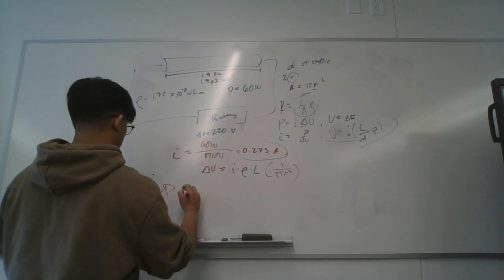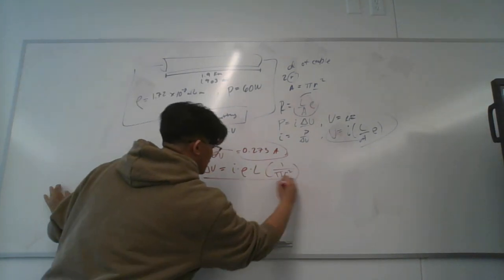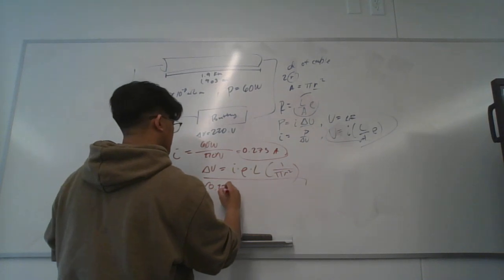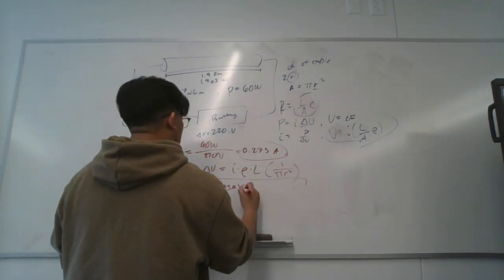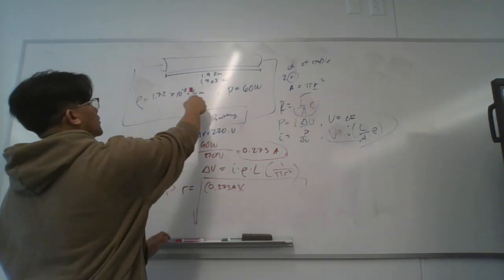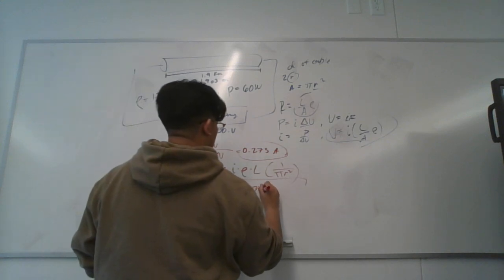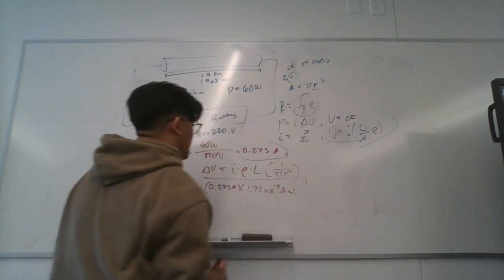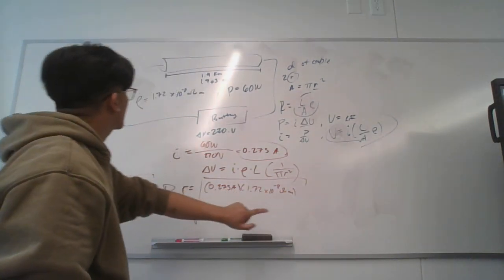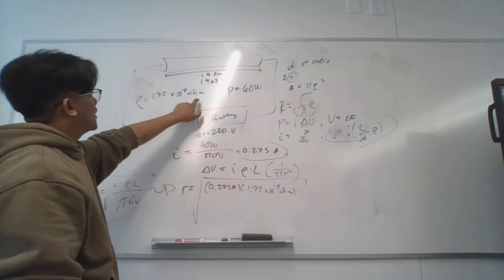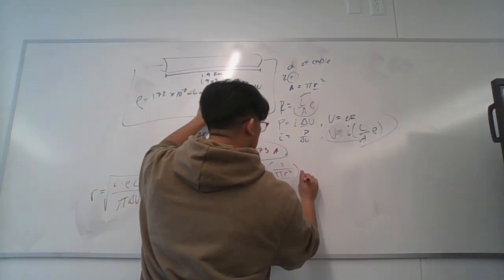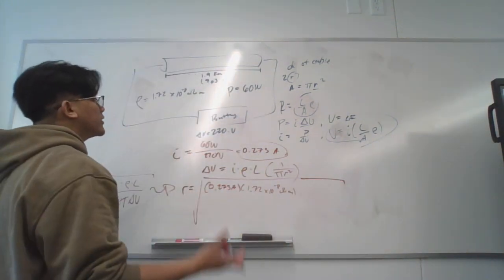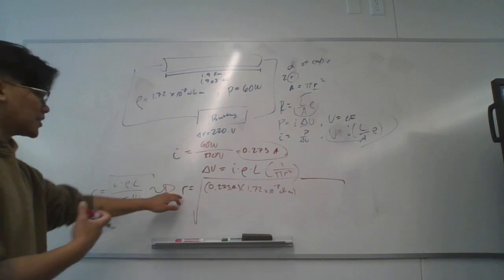So we have R is equal to square root of, we have our I, which is 0.273 amps, multiplied by our rho, which is 1.72 times 10 to the negative 8 ohm meters, which is what we want, ohm meters. And then we have our length, which is right here. So this gives us meters squared. Square root of meter squared would be just meters. So it's a good sign.